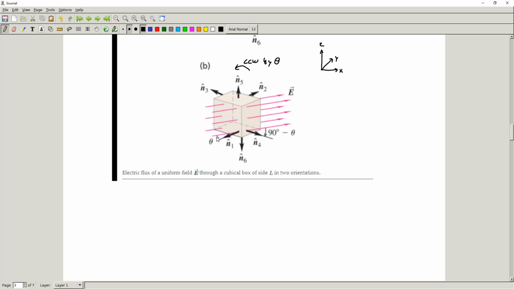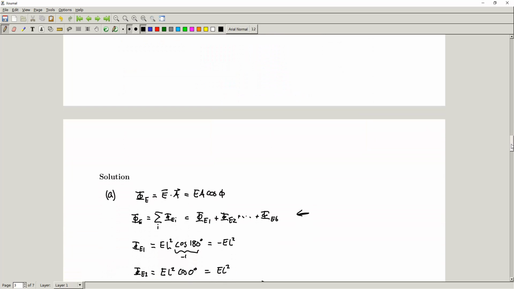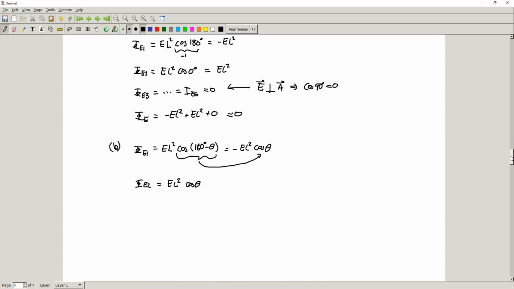Because we're turning back toward the N1 hat facing toward this. So it's 180 minus that theta. For our N2, we just have some rotation of theta, right? So we've turned theta degrees that way. And let's see what we have for the other two.